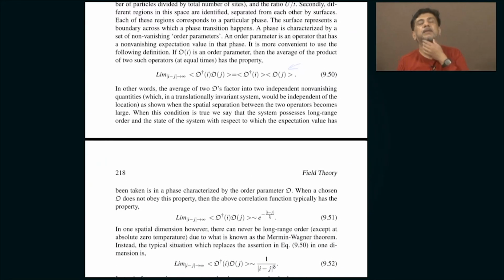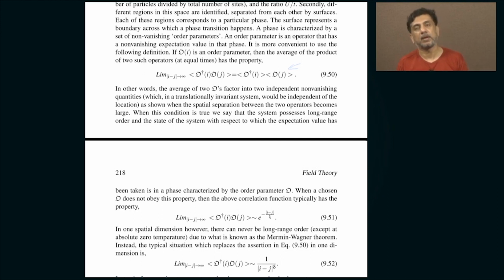Okay. And typically what happens is that, if the system is in some well defined phase, you will always be able to identify such an order parameter. Whereas when it is not in that phase, the average between O i dagger and O j will not separate out that way, and instead the correlation actually vanishes.